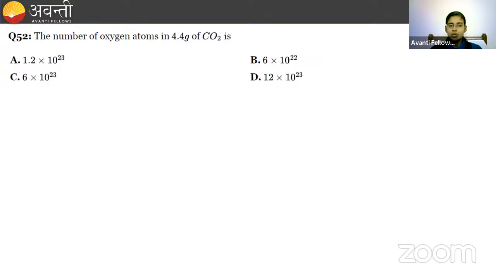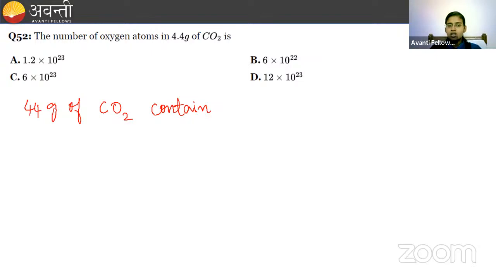Question number 52. The number of oxygen atoms in 4.4 gram of carbon dioxide is. So we know that 1 mole of carbon dioxide is equal to 44 grams of carbon dioxide. Okay. So 44 is nothing but 1 mole of carbon dioxide.